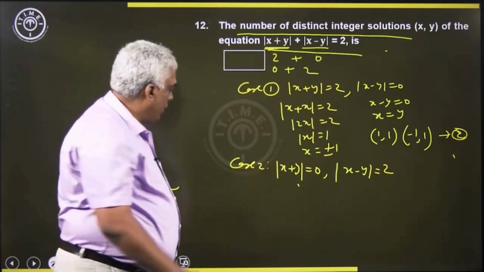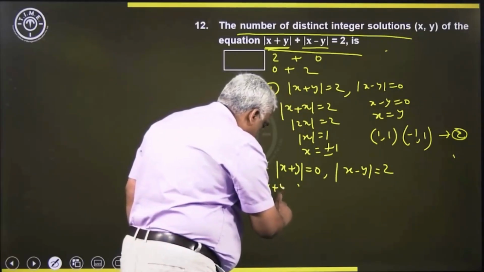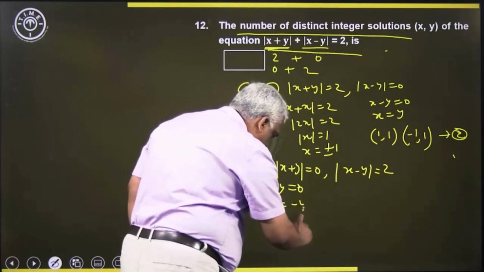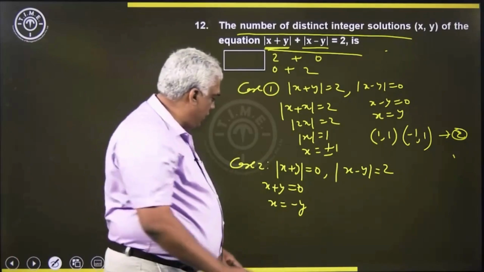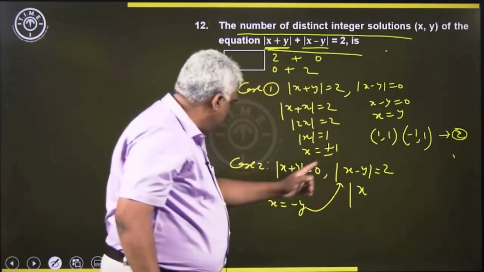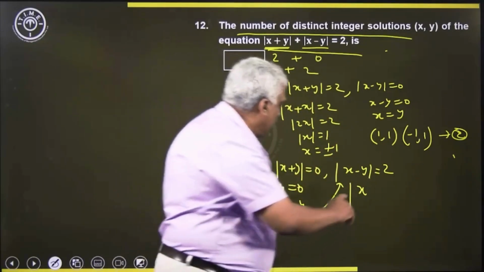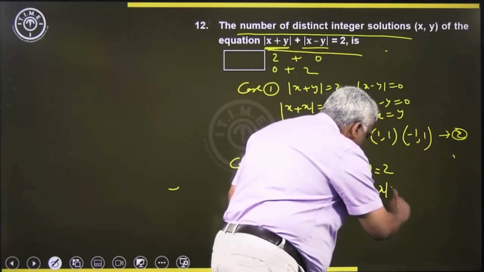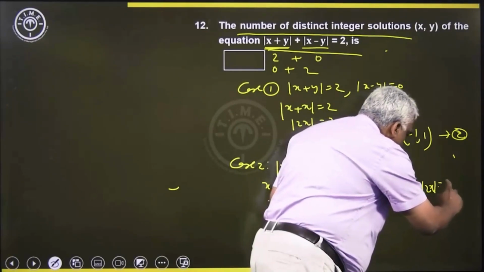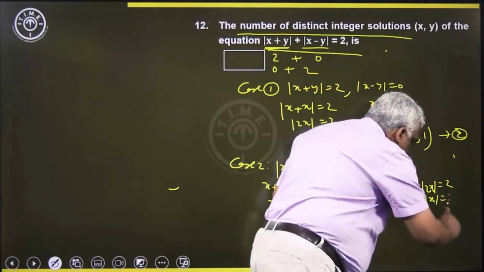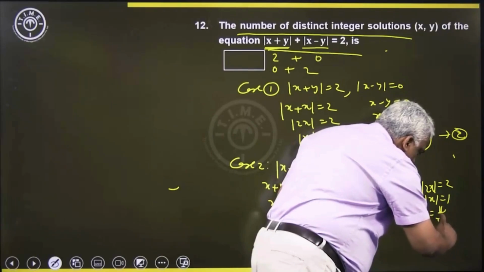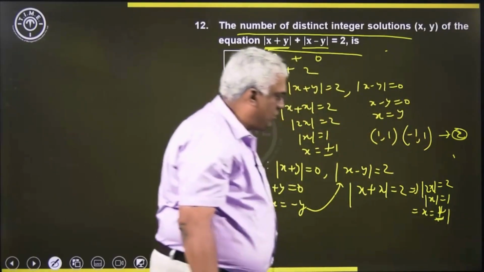Now if this is 0, then x plus y has to be 0, or x equals minus y. Now we can replace it here, so x minus y becomes x plus x, which is again 2. So it is the same way here: mod 2x equals 2, or mod x equals 1, so x is plus or minus 1.